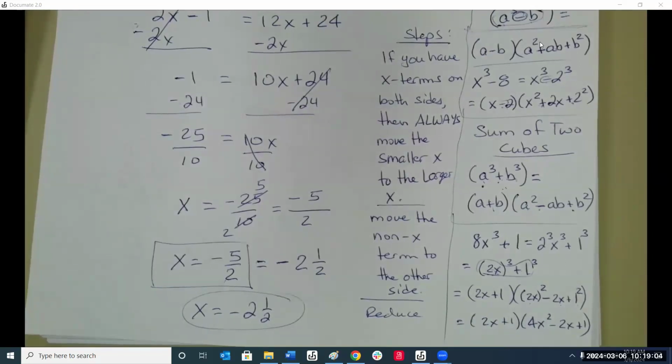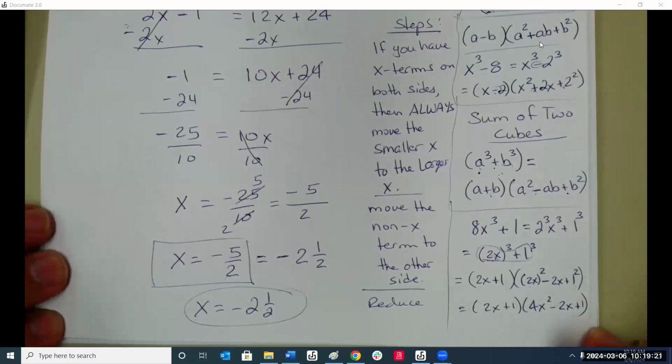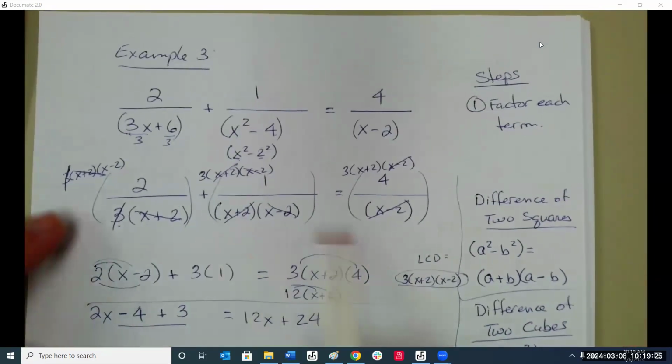But we're not done. Are there any x's we cannot use? To figure out what we can't use, go back to the original equation or to where we factored it.